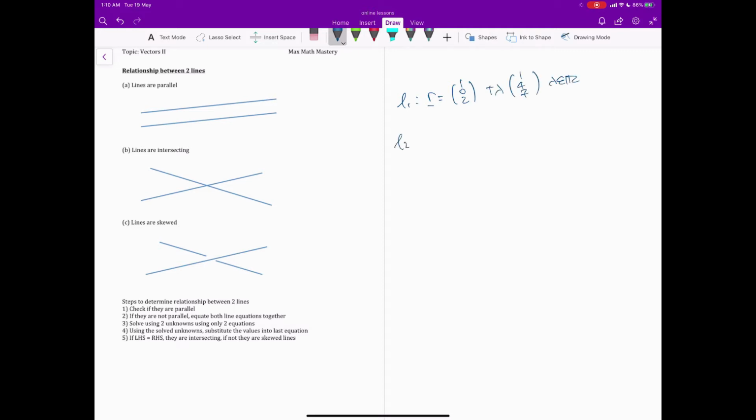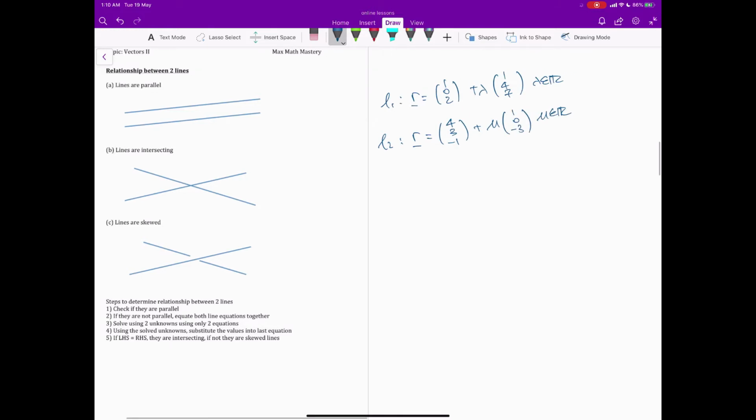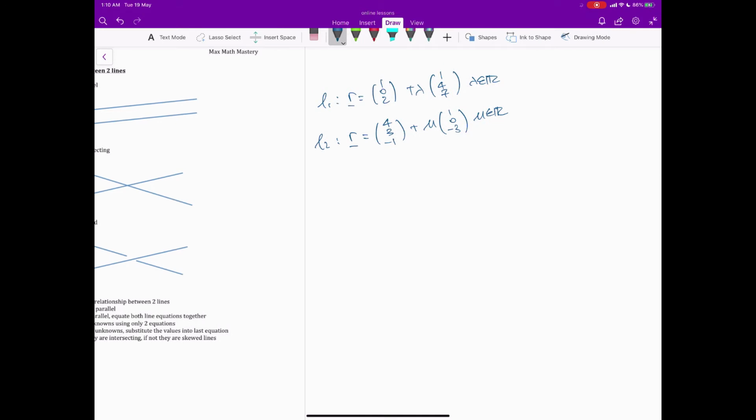Next, line 2 is r = (4, 3, -1) + μ(1, 0, -3). By comparing the direction vectors, I can immediately see that the lines are not parallel. So I can immediately say that line 1 and line 2 are not parallel.